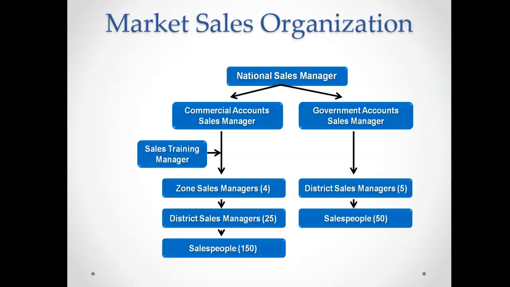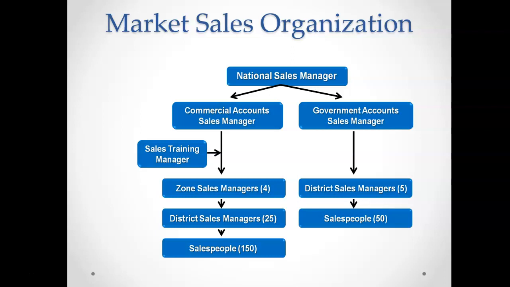Another type is a market sales organization, and that again is divided by your market. In this example, commercial versus government accounts. So 2 types of business accounts divided into 2 different areas, because general business to business firms are going to buy differently than government firms are.